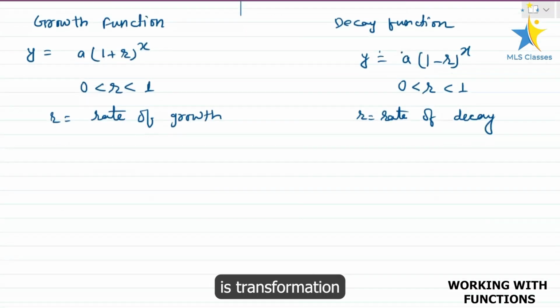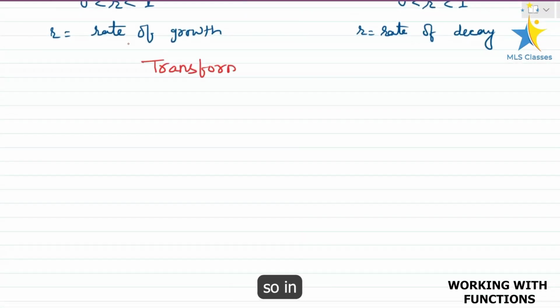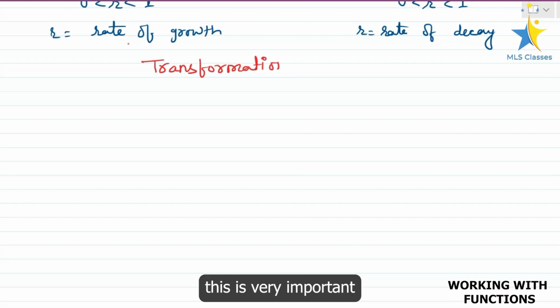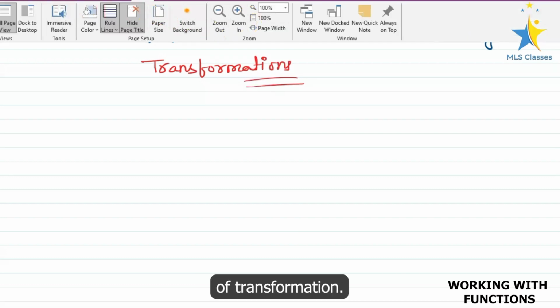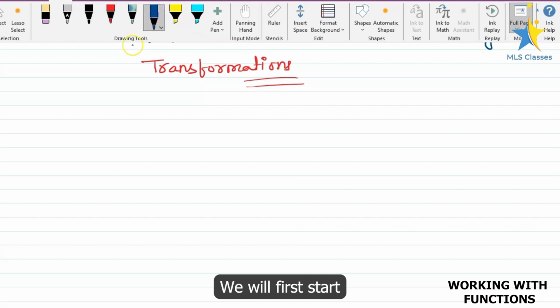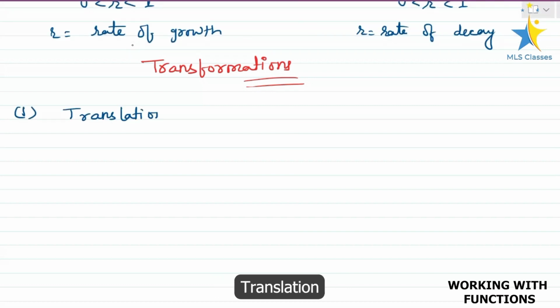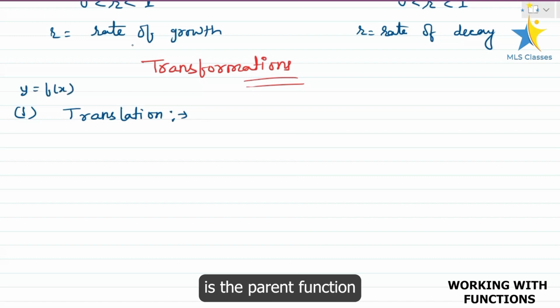Now next is transformation of functions. In functions, this is a very important topic. Basically we get some types of transformation. We will first start with translation. Suppose y equal to f(x) is the parent function we are taking. Translation can be either horizontal translation or vertical translation.